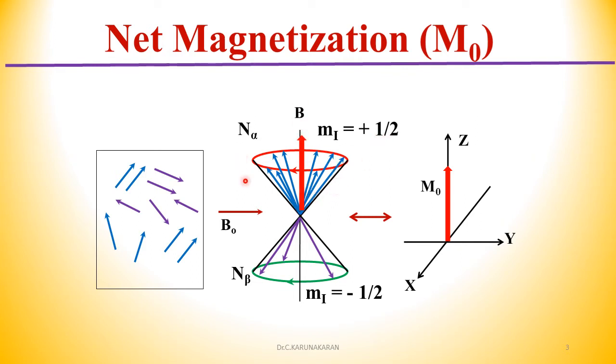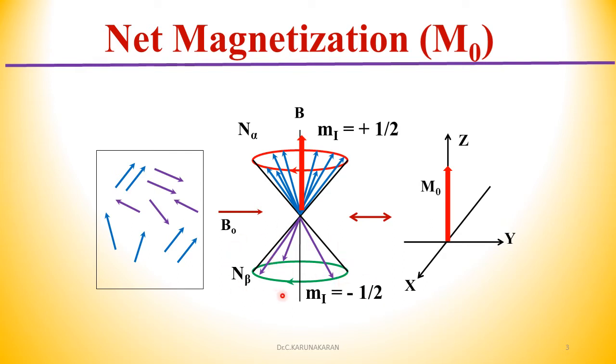They are lower in energy. ms equal to plus half is lower in energy. Therefore, it is more populated, more number of spins in the ground state. It is the anti-clockwise spin, ms equal to minus half. It is the excited state.